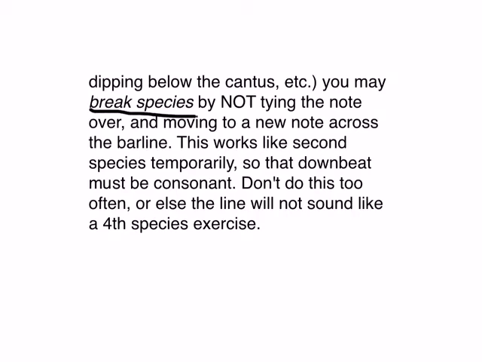This works like second species temporarily, so the downbeat must be consonant. Don't do this too often, or else the line will sound more like a second species than a fourth species exercise. But let me show you an example of breaking species.